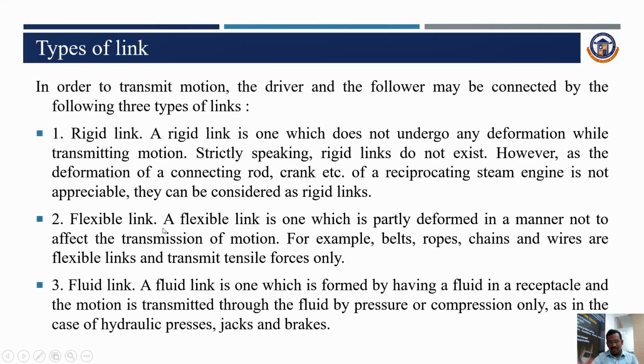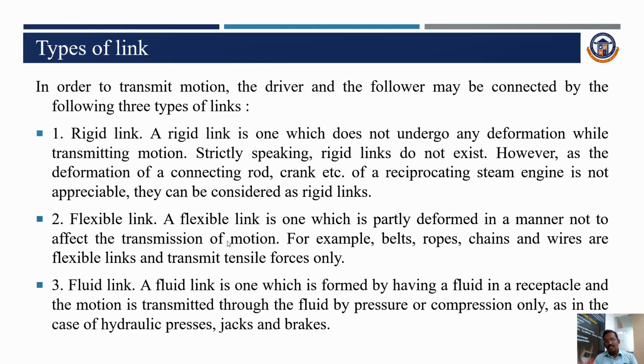Next, flexible link. A flexible link is one which can deform in a manner that does not affect the transmission of motion. For example, belt, rope, chain, and wire. When transmitting power, it can be deformed.